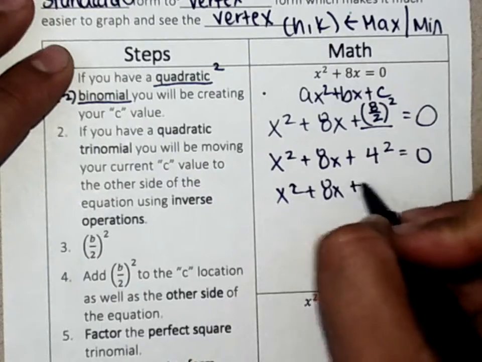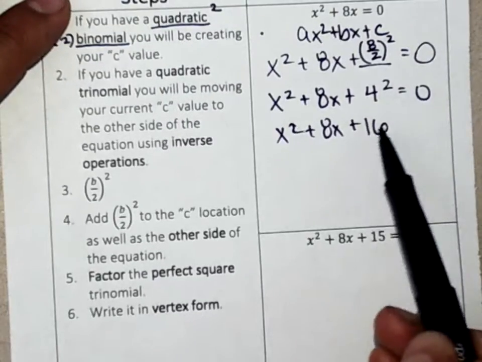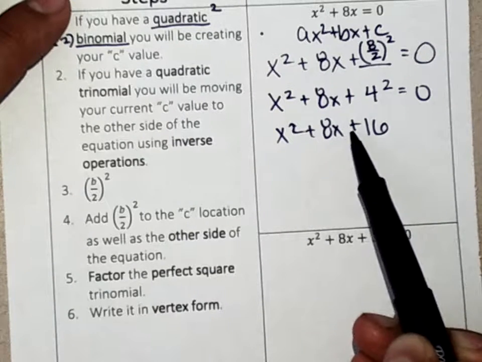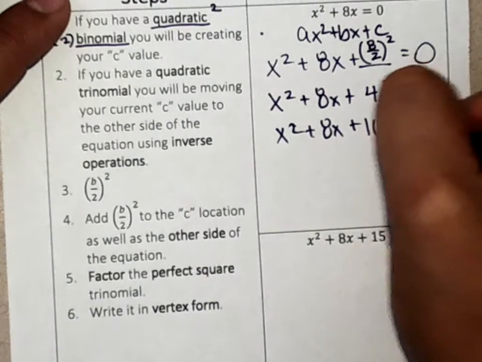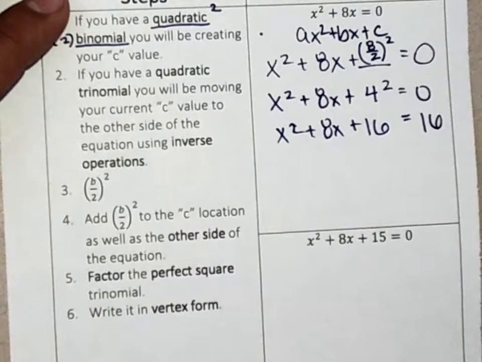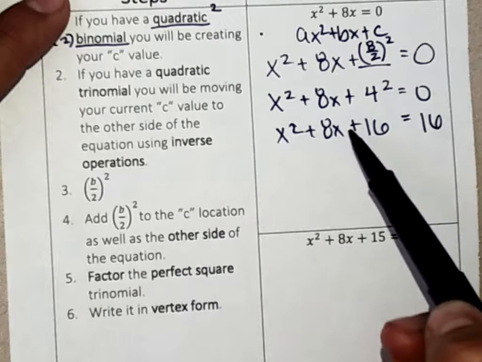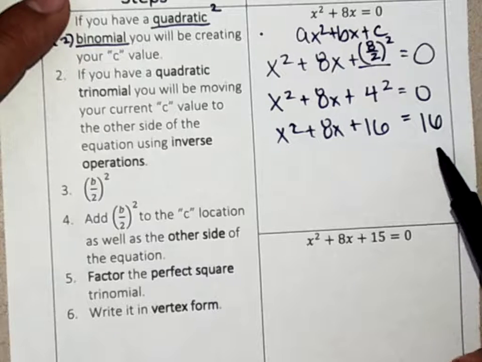And 4 squared is 16. But because we added a 16 out of nowhere, we have to also add it to the other side of the equation. This balances our equation. If we add a 16 over here, we also have to add a 16 over here.